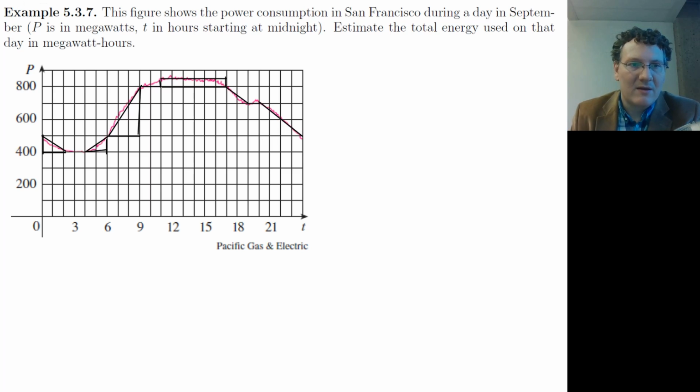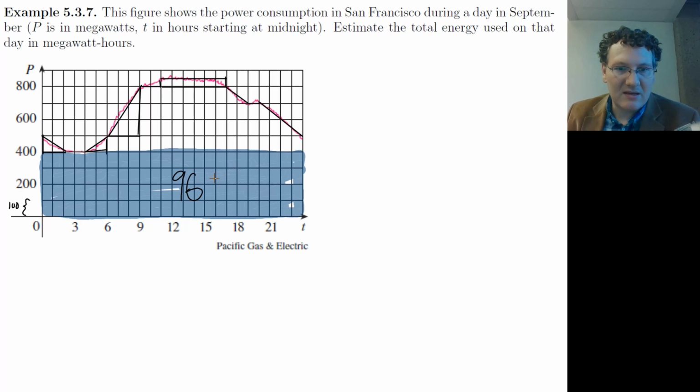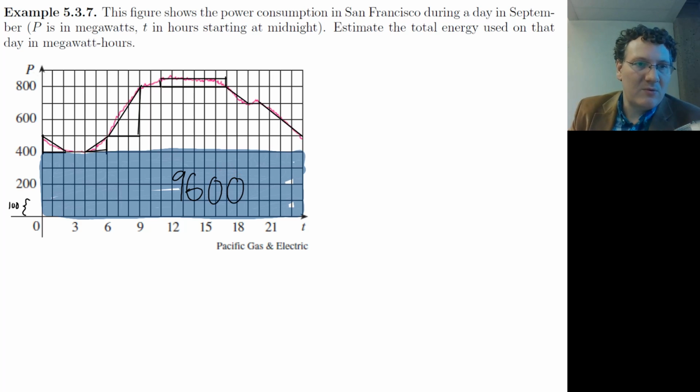So what do we have? First, I'm going to look at this area here, which comes to about 24 hours, 24 times 4, that's 96. Oops, the height of each of these is 100, so that's actually 9,600. Then we have a few that are rectangular.